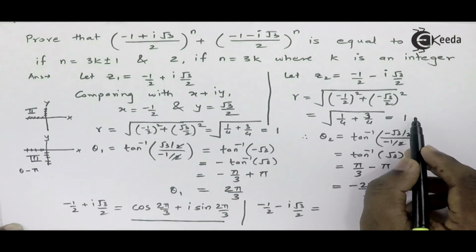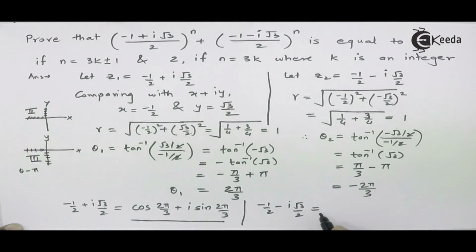Now r is 1, so no need to write it. Cos theta, now what is theta? -2π/3. So cos of -2π/3, but we all know that cos of -2π/3 is only cos 2π/3. It becomes positive. Next plus i sin theta. Now theta is -2π/3. We all know that sine of -2π/3 is minus sine 2π/3.